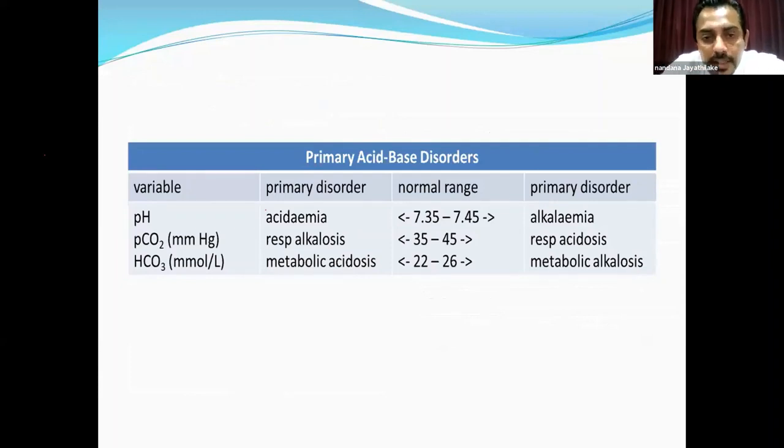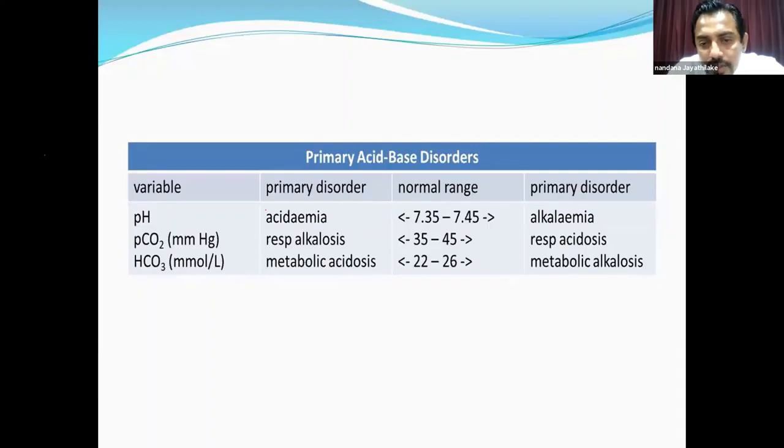Take the primary acid-base disorder: pH, PCO2, bicarbonate. Look at the third column for the normal ranges. The pH normal range is 7.35 to 7.45, PCO2 normal range is 35 to 45, and bicarbonate is 22 to 26. It's the primary disorder.